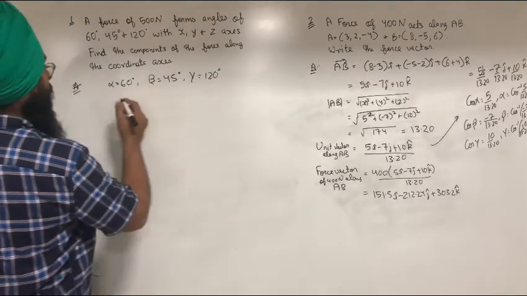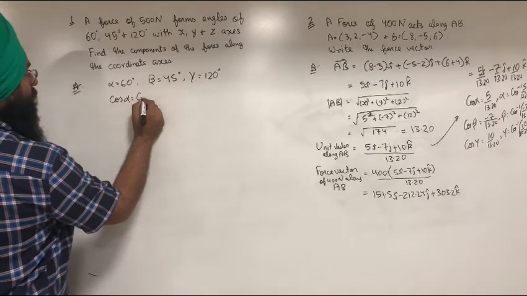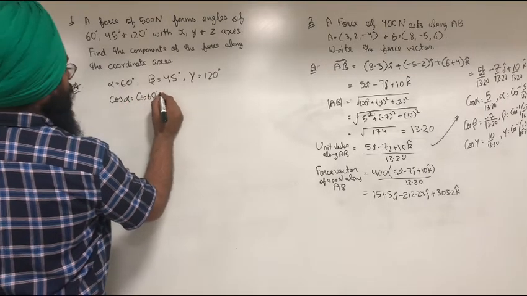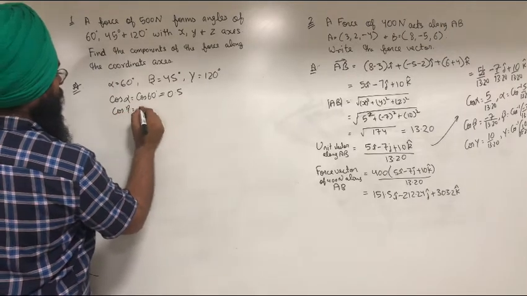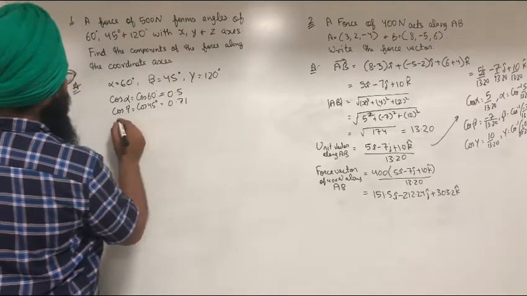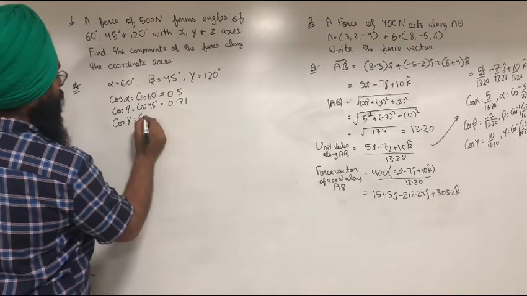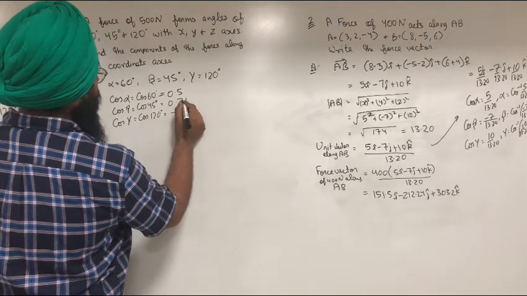So first of all we'll write cos alpha, that is cos 60 equals 0.5, cos beta is equal to cos 45 equals 0.71, cos gamma is equal to cos 120 equals minus 0.5.